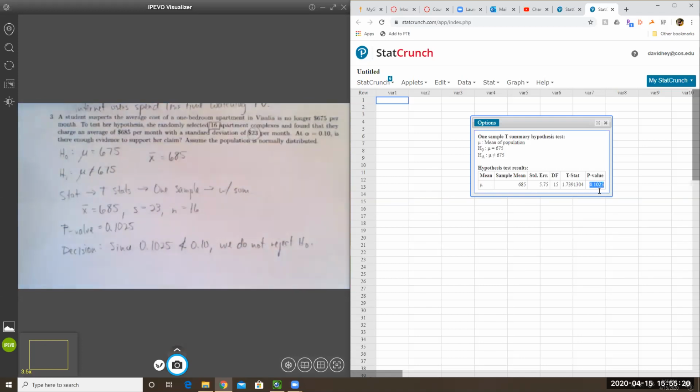Okay, so we do not reject the null hypothesis. Since we're not rejecting the null hypothesis, that means that there's not enough evidence to support the alternative, right?